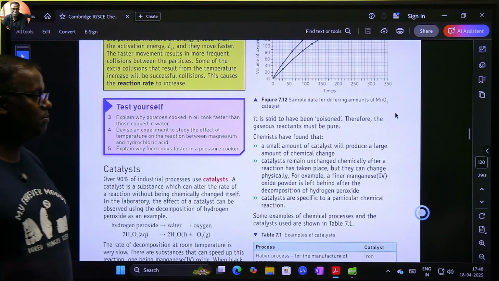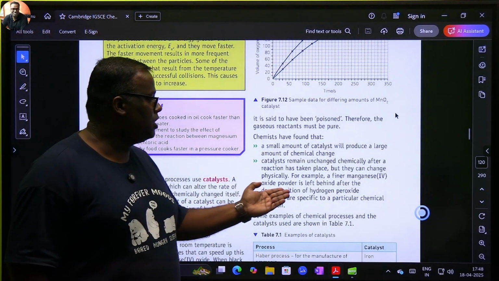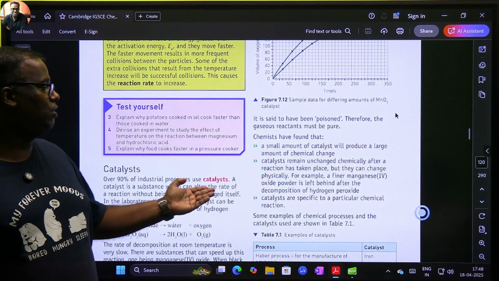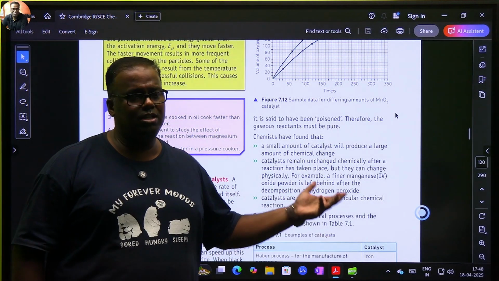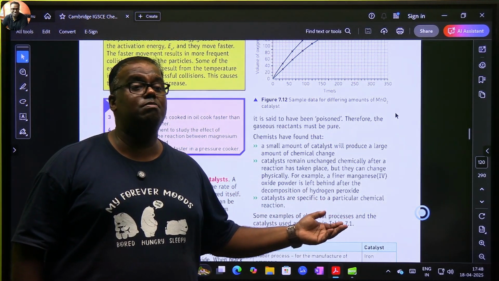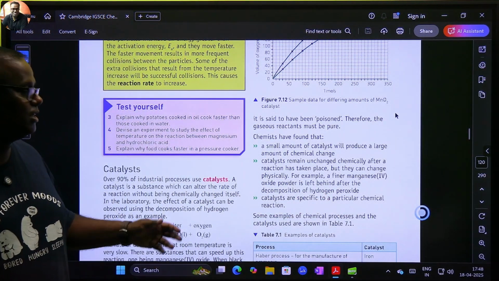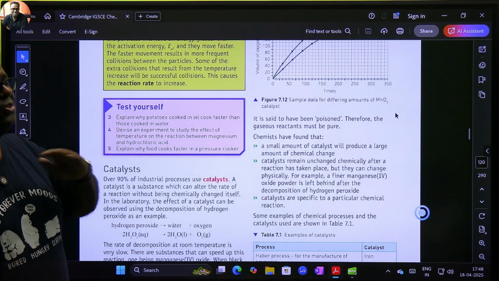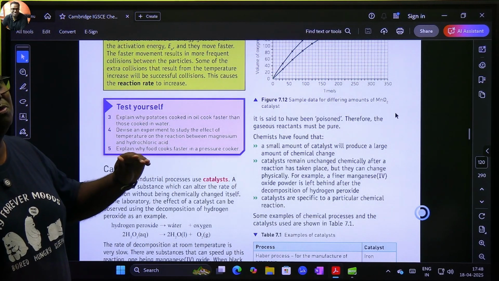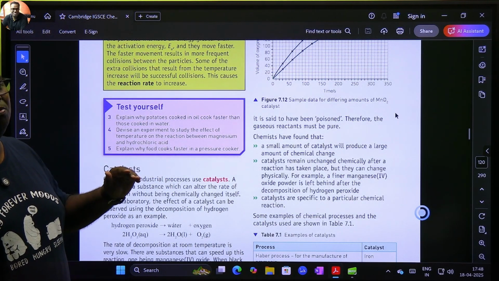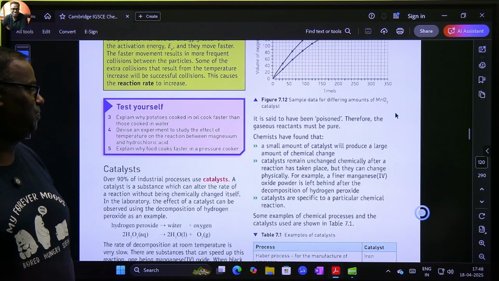For example, a finer manganese 4 oxide powder is left behind after the decomposition. So we started with manganese 4 oxide powder. The powder became even finer. And this does not contradict us, because at the end of the day, everything should be as fine and as small as possible, because that all aids in the formation of more surface area.